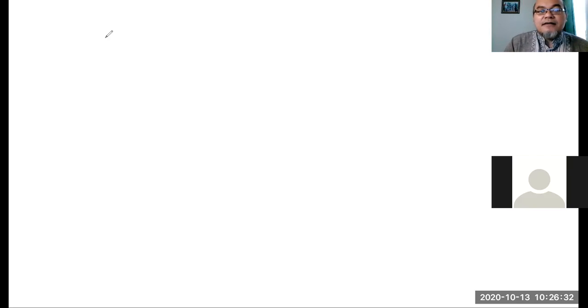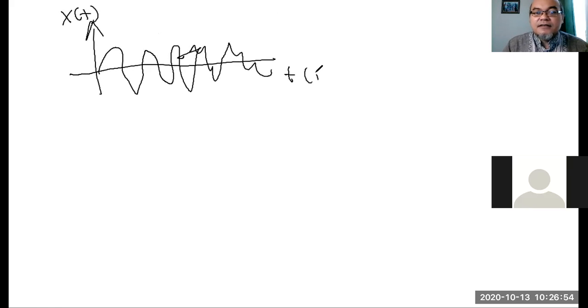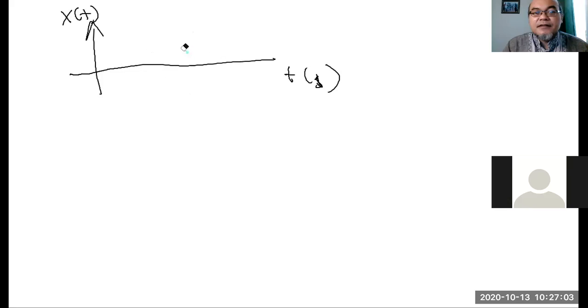In the analog domain, as we have learned so far, the signal is continuous. So we have here, for example, an arbitrary signal, which can be voltage, or from ECG, EEG, etc., as a function of t, where t is time in seconds, or it can also be milliseconds.